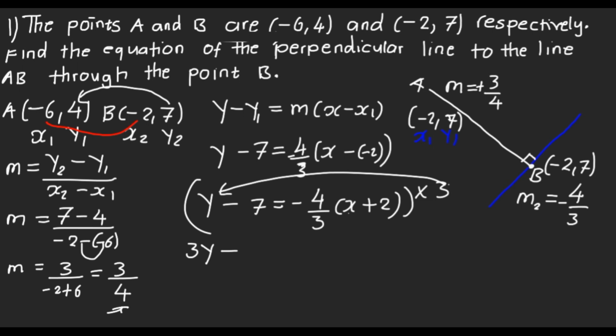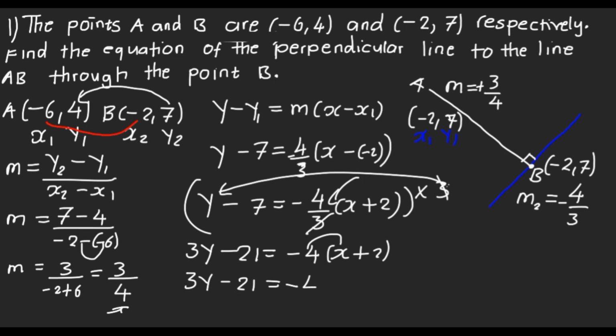Negative 7 times 3 is negative 21. Then negative 4 over 3 times 3, so the 3 will cancel, giving us negative 4, then x plus 2. So it's easy to solve if you get rid of the fraction. So 3y minus 21 is equal to negative 4 times x, which is negative 4x. Negative 4 times positive 2 will give us negative 8.